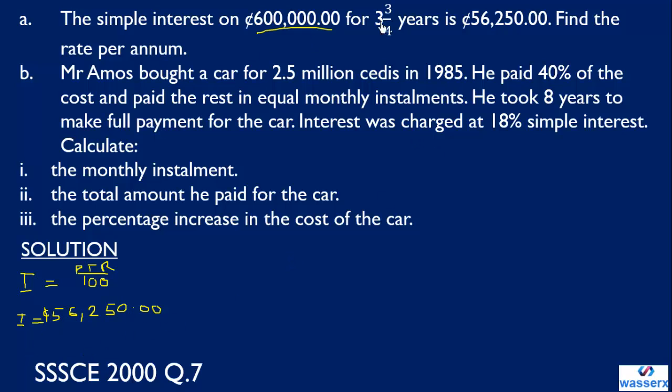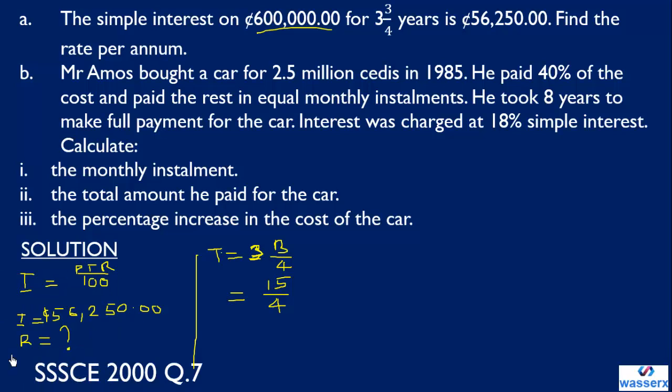Then we also have the rate, which we don't know, that's what we are finding. Then we also have the time, which is 3 and 3 over 4 years. So we convert this and we get 15 over 4 years.